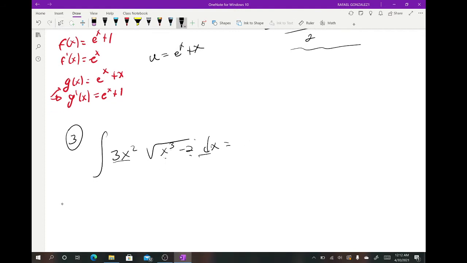Let's just do the substitution. u is equal to x cubed minus 2, so du is 3x squared dx, which is exactly what I have.